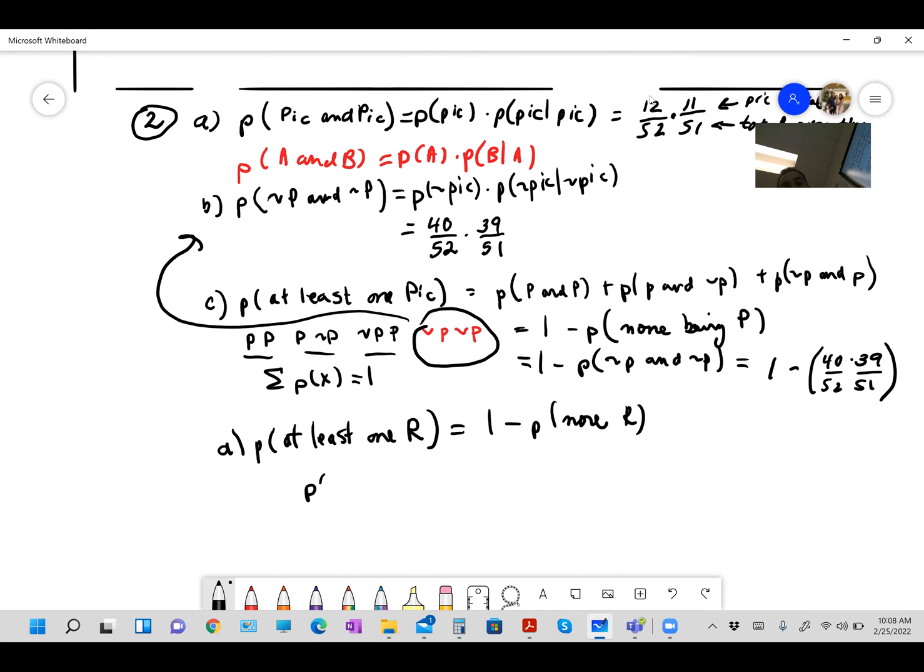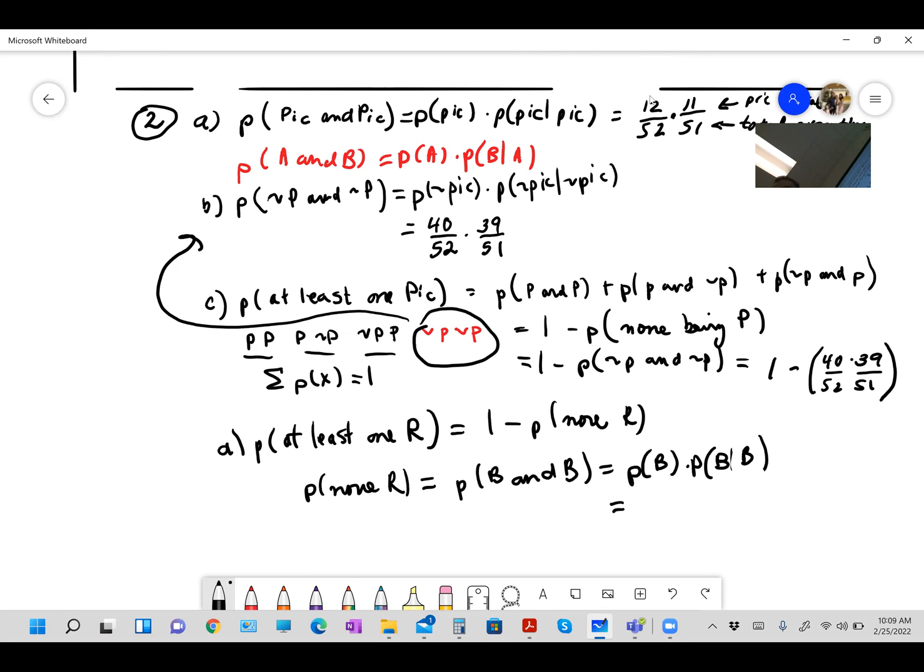What's the probability of none red? It means the probability of black and black, which must equal the probability of black times the probability of black given black. And remember, this is without replacement.